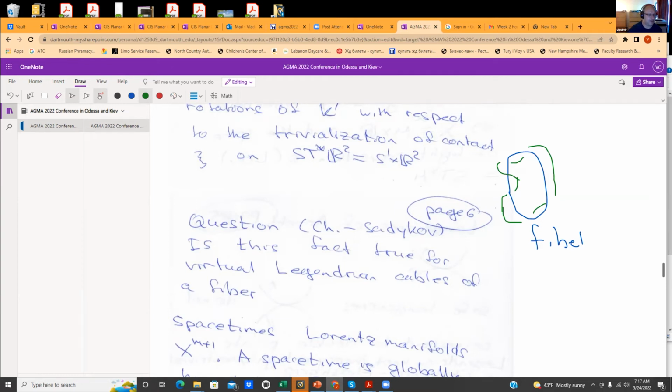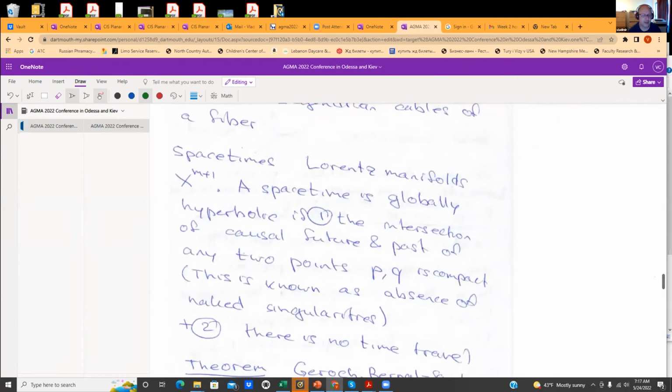So when you consider virtual Legendrian links in this topological class, they are completely classified by the Thurston-Bennequin and the rotation number, which do exist for virtual Legendrian knots. It is not completely obvious, but both invariants do exist for virtual Legendrian knots. This is not a problem. They are well defined. And finally, the theorem that we actually have, this is not a question anymore.